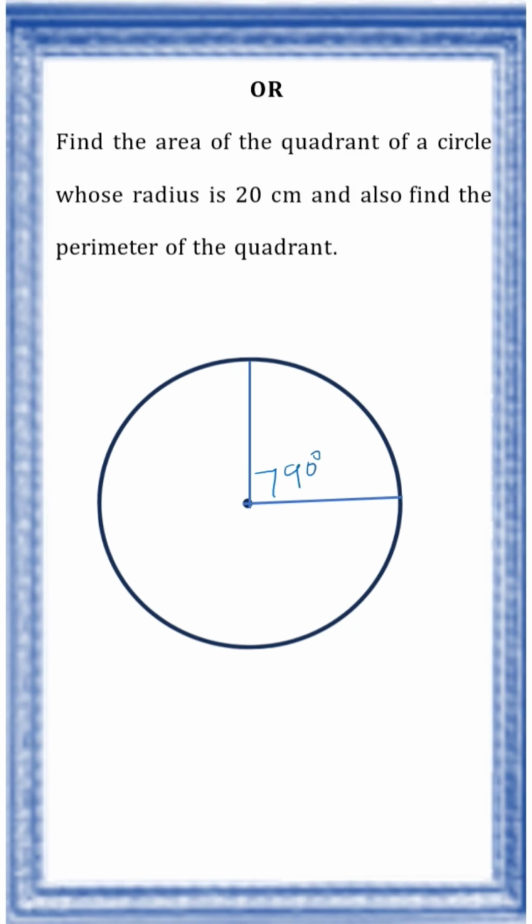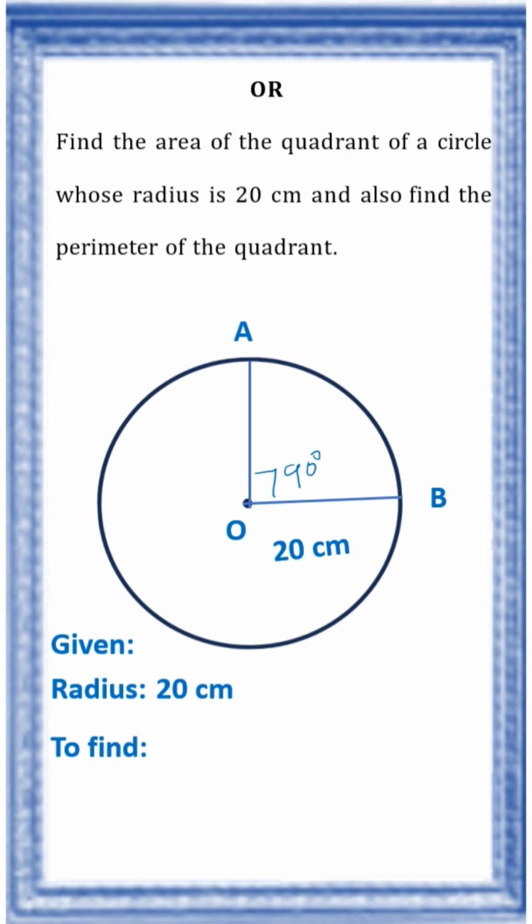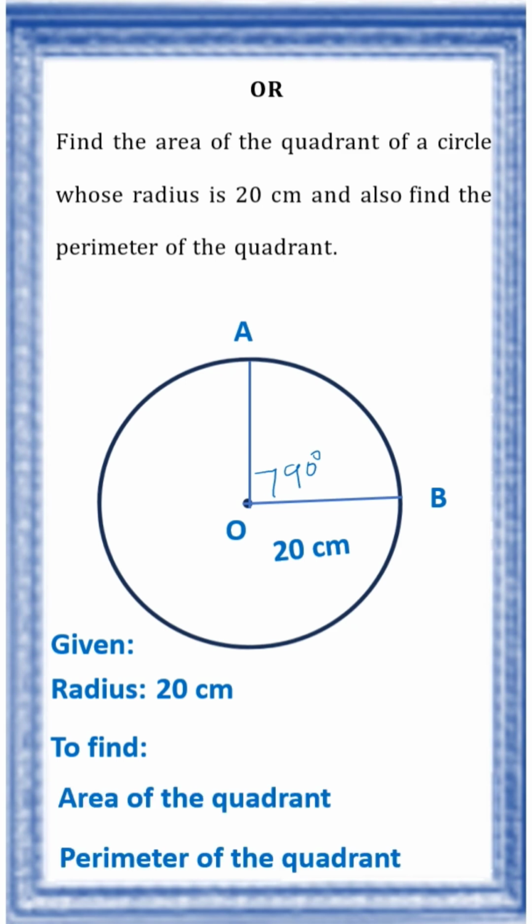Its radius is 20 centimeter. Now we have the quadrant AOB. We are given that the radius is equal to 20 centimeter, and we have to find the area of the quadrant and also the perimeter of the quadrant.